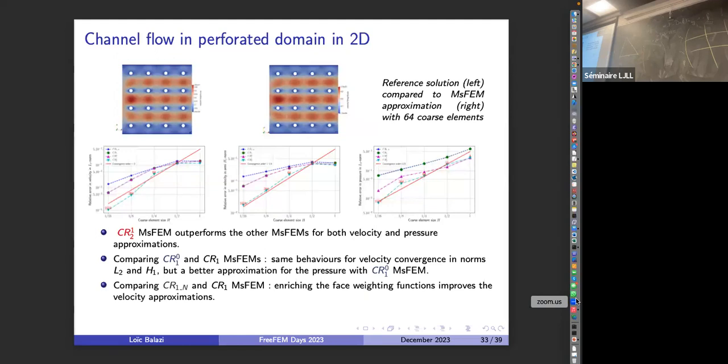And first we see that the solutions look very similar, but here we have only 64 coarse elements. And I have implemented several orders of the method, and we see that it's coherent with the theory.